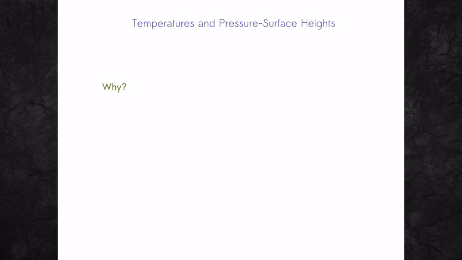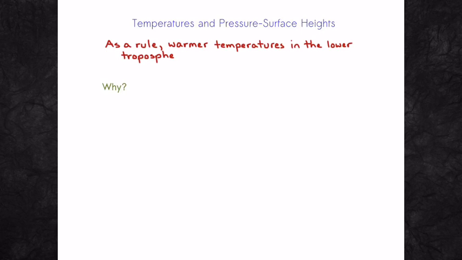The rule is this. As a rule of thumb, so this isn't 100%, but it's pretty close to 100%. Locations that have warmer temperatures in the lower troposphere are associated with higher pressure surface heights at upper levels.